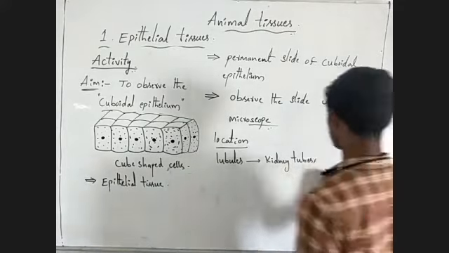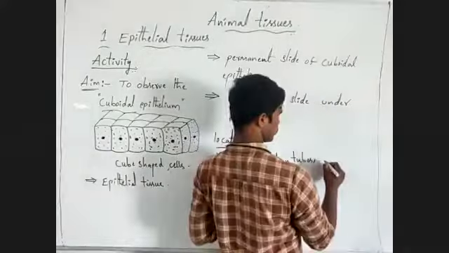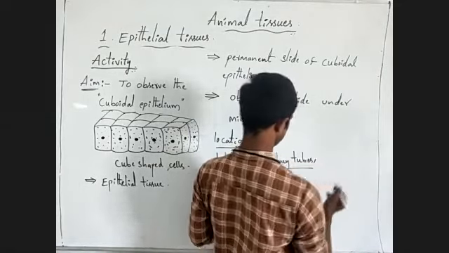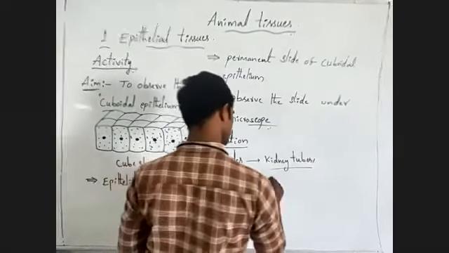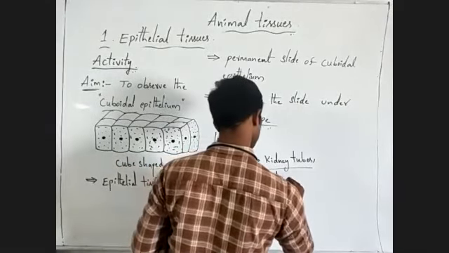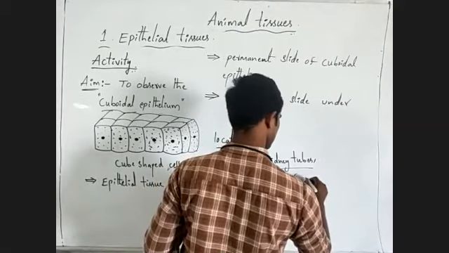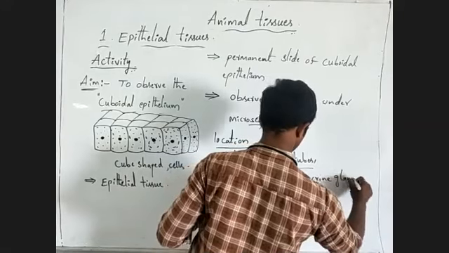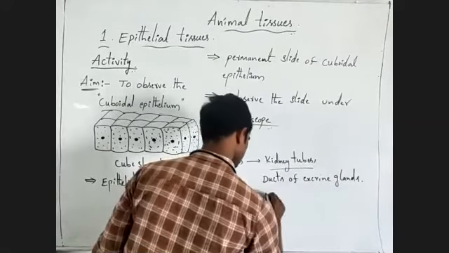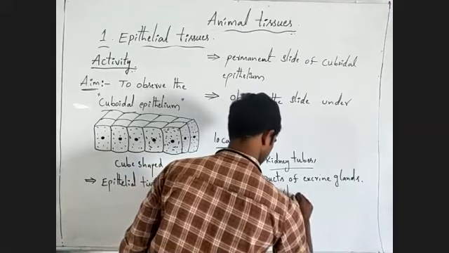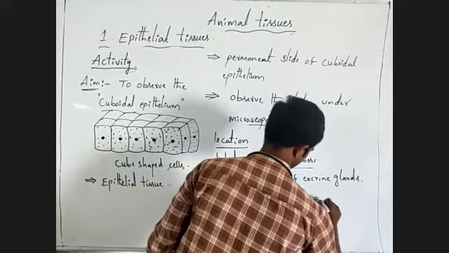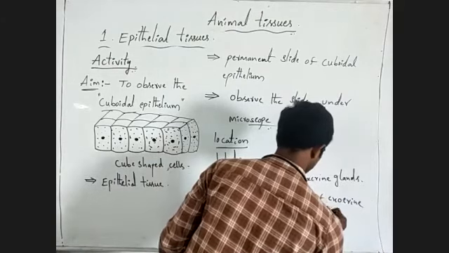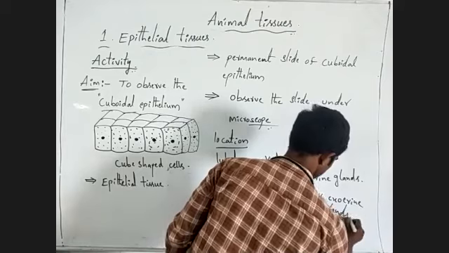For example, different tubes, kidney tubes, ducts of the exocrine gland, and the inner lining of the exocrine gland.